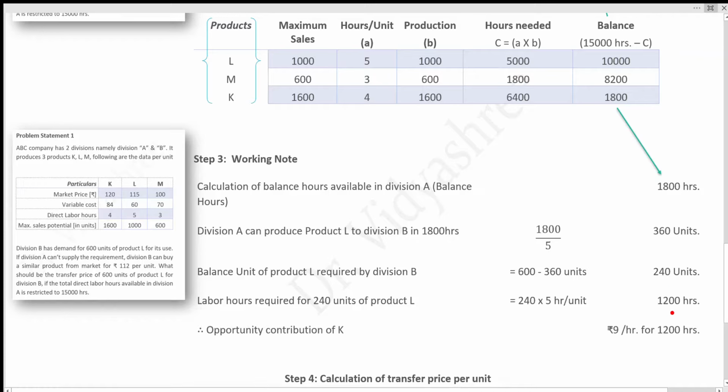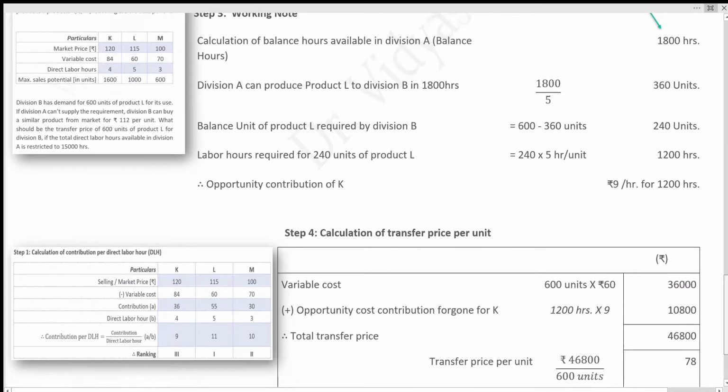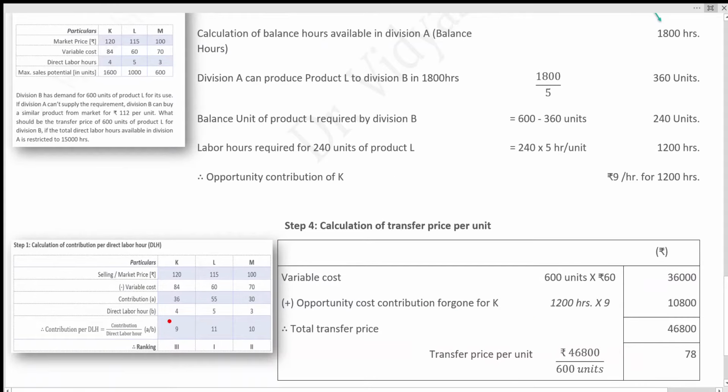So we need 1200 hours, but we don't have the capacity. So what they did is they borrowed it from product K. So that is nothing but opportunity contribution. This opportunity contribution of K, you can again clearly observe, that is 9. So that 9 has been obtained from the opportunity contribution of K. So 9 into 1200 hours is nothing but the opportunity contribution which is foregone by K.